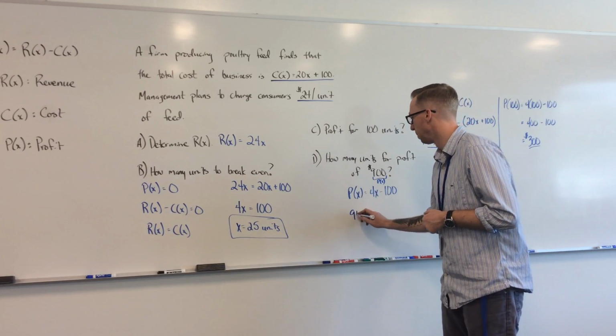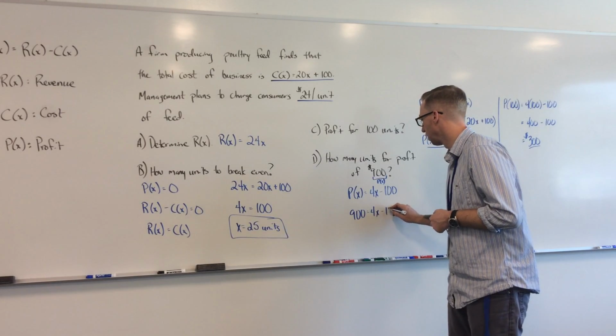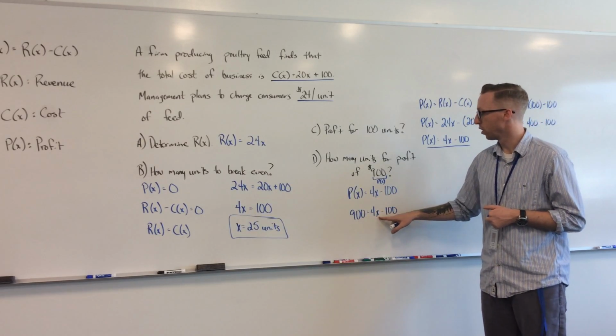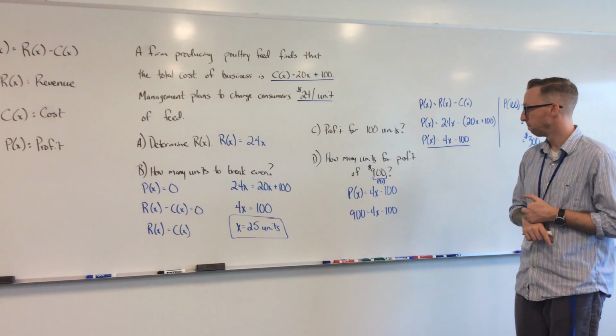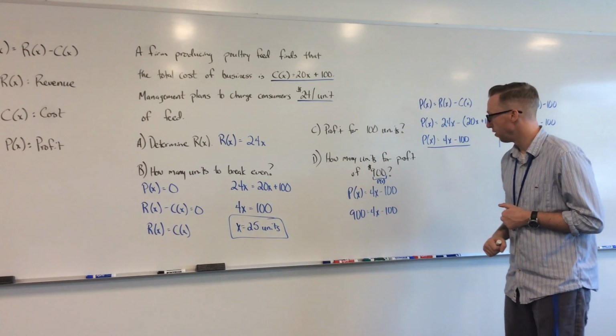So 900 equals 4x minus 100. Replace P of x with 900. We're going to solve for x, the number of units I have to sell in order to make $900. So, this equation, we need to solve for x. Let's add 100 to each side.